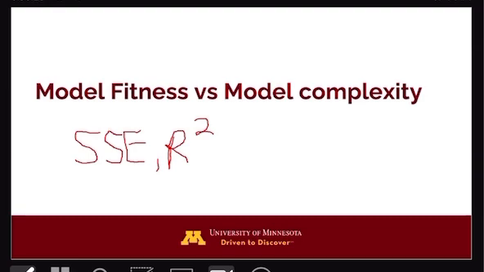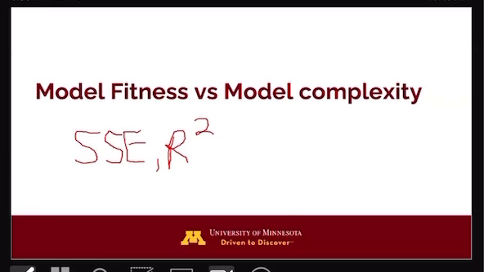What I've discussed so far, whether model fitness or model fitness and model complexity, I'm only focusing on explanation. I'm seeking an explanatory goal, not a predictive goal. If I'm seeking a predictive goal, I will use a different metric of evaluation.